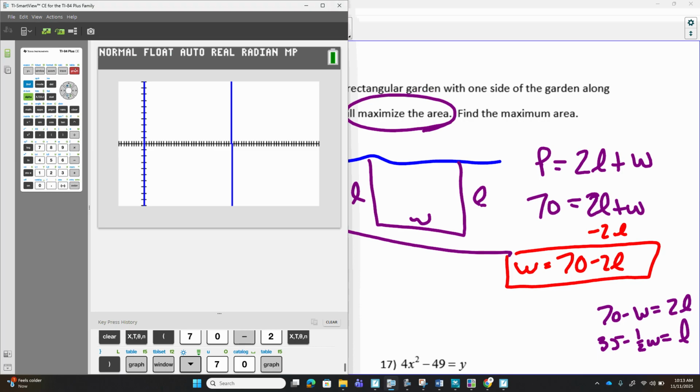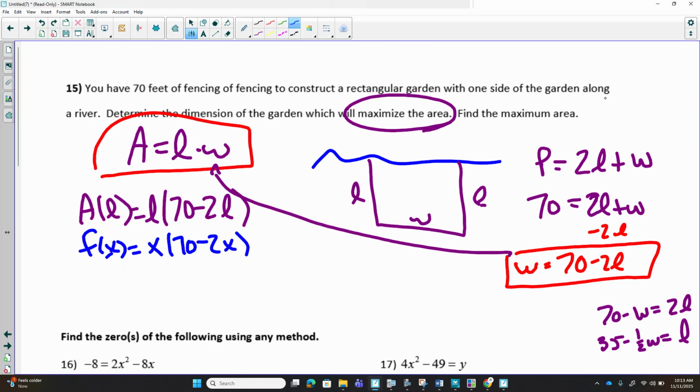The other thing is I got to go up. And so how far up do I have to go? Well, if you cut your fencing in half, then you would have like 35 here and 35 here. So that's like if I end up having a river here and a river here, or a house here or something to help me out, then I would have 35 times 35.